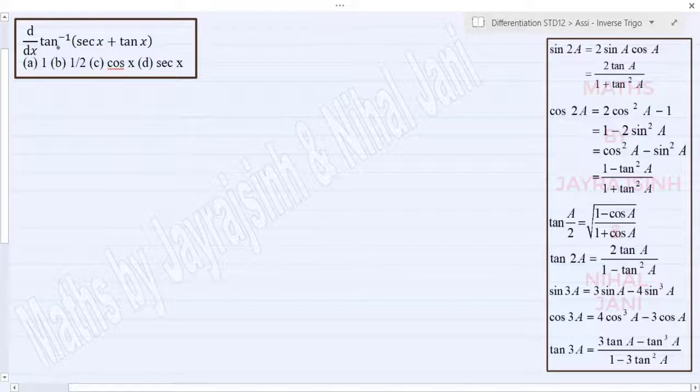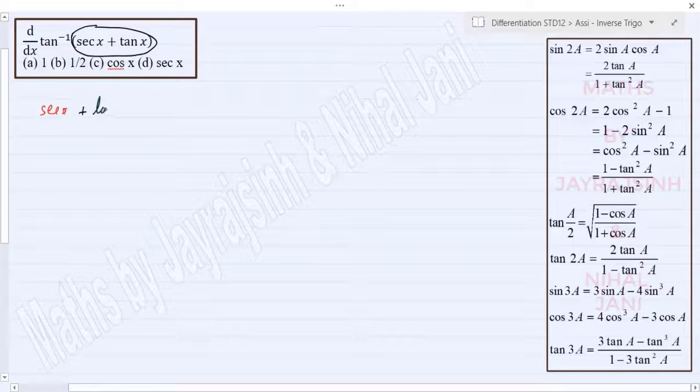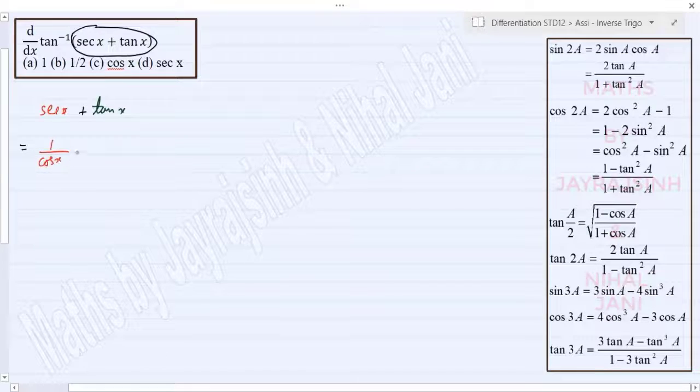Here we have to differentiate tan inverse of sec x plus tan x. So first of all, let's simplify our bracket, which is sec x plus tan x, which can be rewritten as 1 upon cos x plus sin x upon cos x.